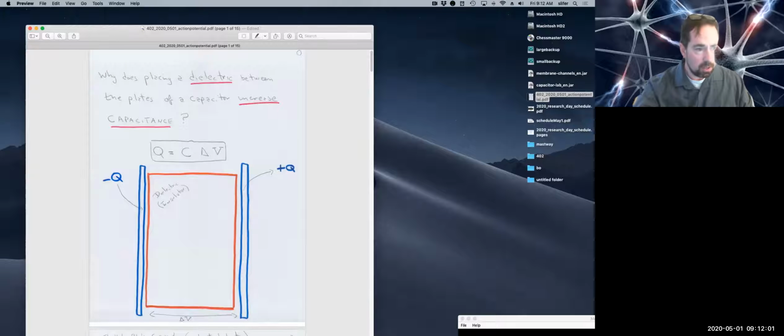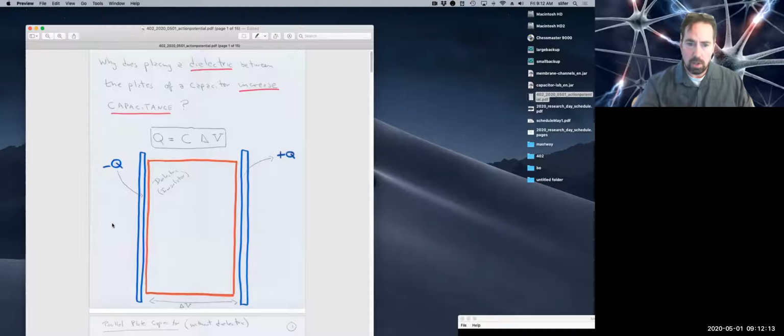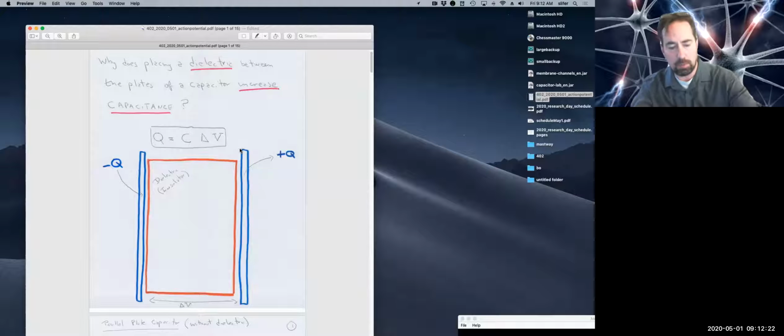Our old friend, the parallel plate capacitor, has a charge on one plate and the opposite charge on the other, and the Ohm's law type rule for this configuration is Q equals C delta V. I don't know what the name of this equation is, but it reminds me of Ohm's law, so I call it cousin Ohm's law.